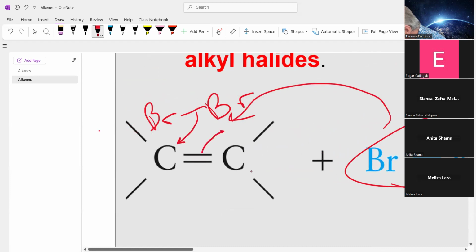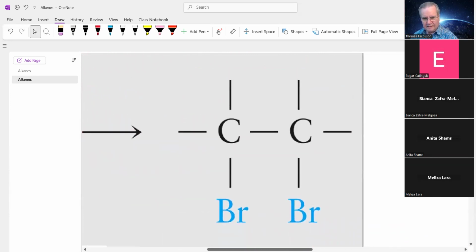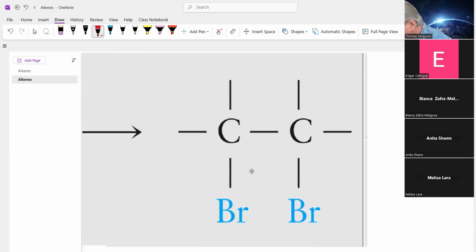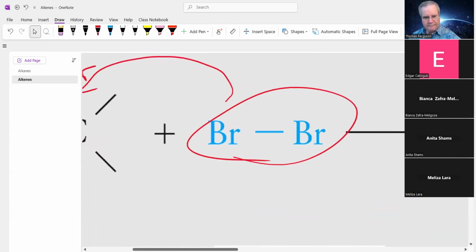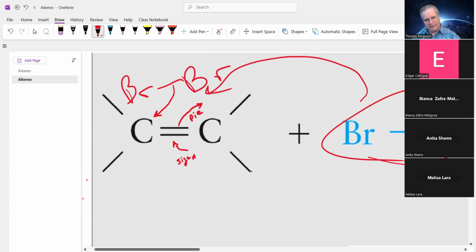This bond here goes there. So what we end up with is that. Again, sigma bond. So the pi bond is the one that's breaking up because it's the unstable one.